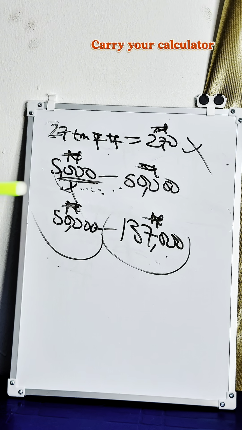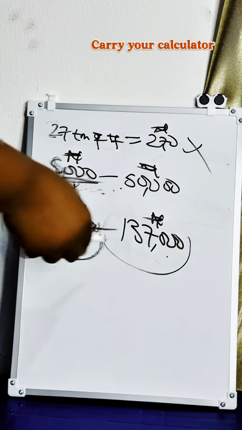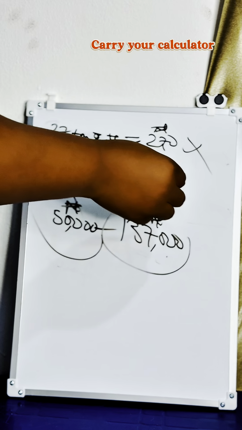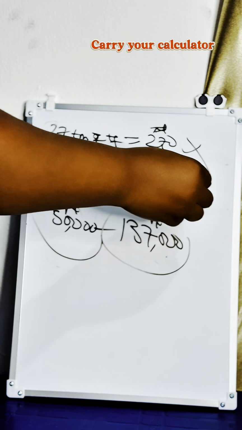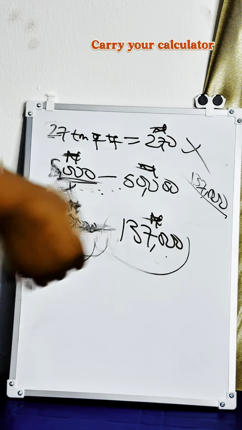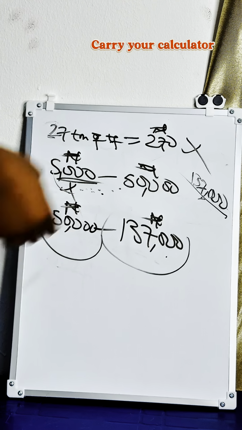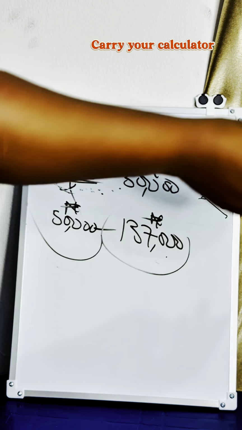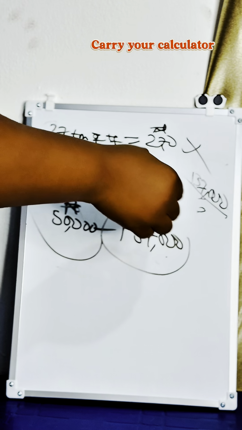So some of your assets will be hanging and you'll not be having up to the 137,000 capital. Where is it? You'll not be having this amount to be trading with. You might be having less. Maybe out of this 5,000, like 4 people hold 5k.